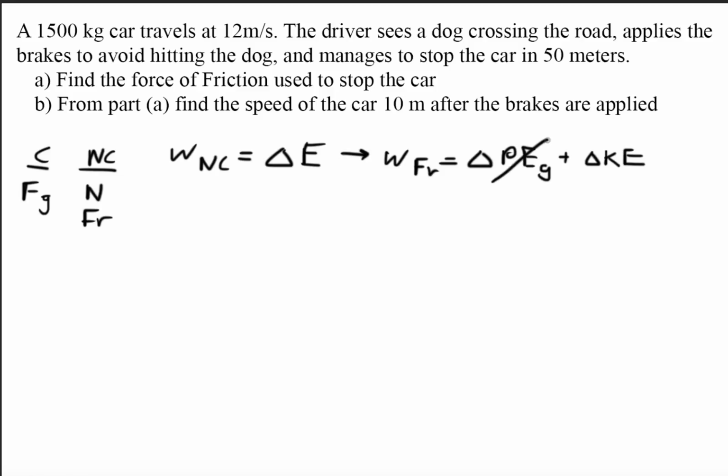But potential energy cancels out to 0, because the car is just going forward, so the height is 0.